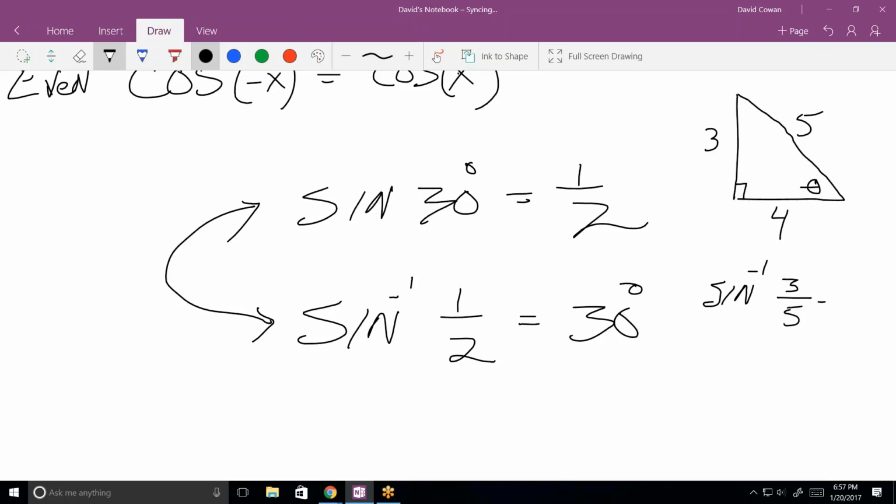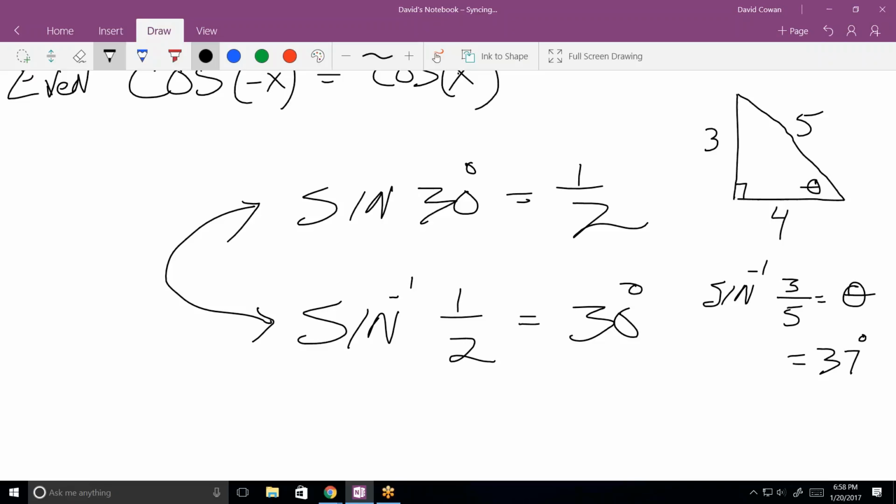Exactly. Theta. That's what inverse functions do with trig. You use trig functions to find ratios, you use inverse trig functions to find angles. Turns out that that angle is about 37 degrees. It's actually 36.9 something, or something close to 37. 36.8699.